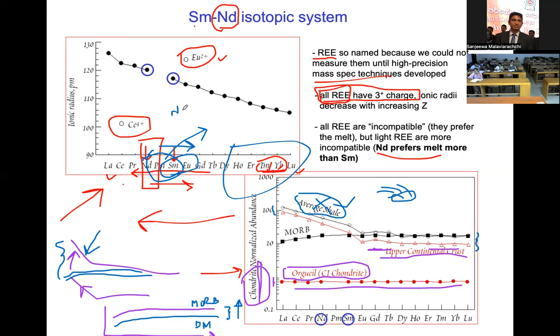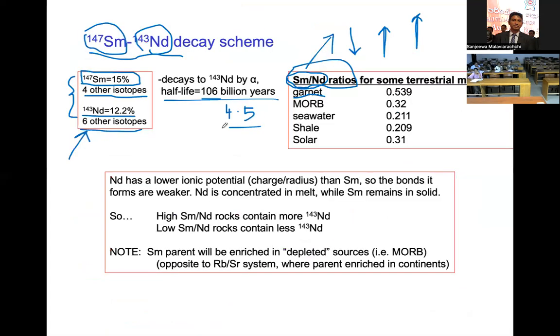So with time, samarium will decay, forming a high amount of the daughter isotope neodymium in garnet. That's why garnet is used for age determinations in the samarium neodymium isotopic system.